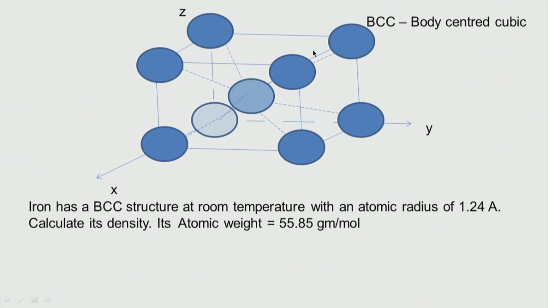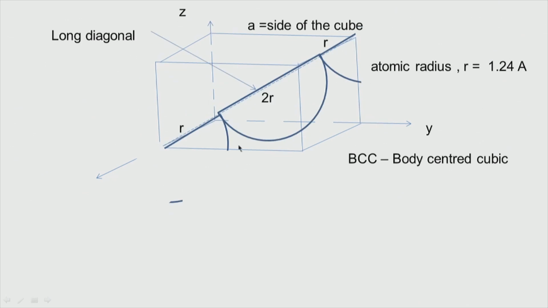Okay, let us look at it more in detail. So, this is the central atom, so it has got a radius of r. If you take the long diagonal, this is the central atom, okay, and then these are the corner atoms. So, we have r. So, the long diagonal will be equal to 4r, and suppose a is the side of the cube, okay, and the long diagonal is 4r, where r is the radius of each of these atoms, okay.